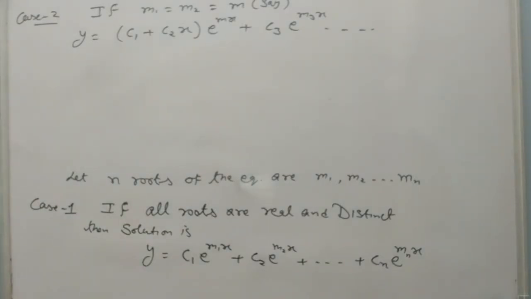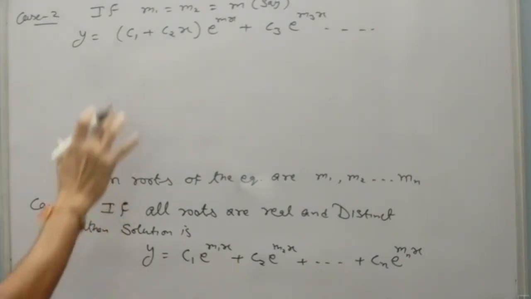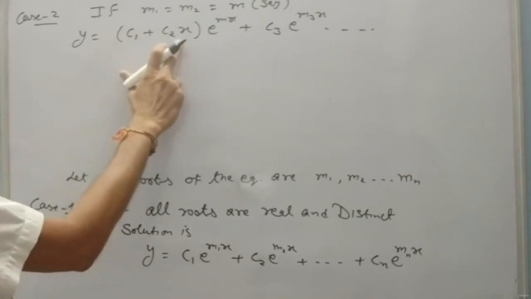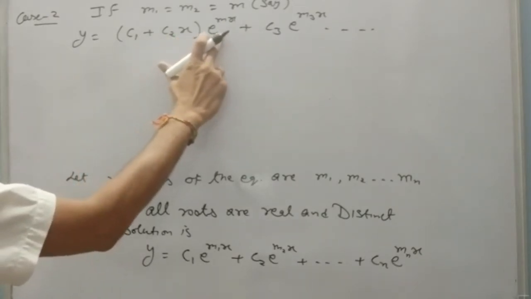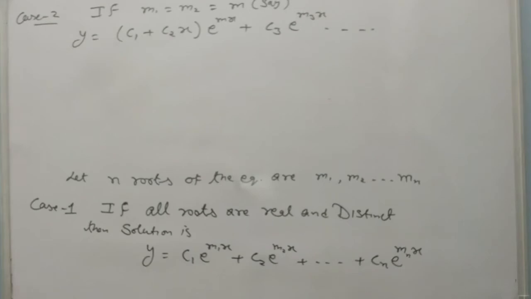Means when there are two equal roots, we write c1 + c2 x, and the equal root appears only one time.